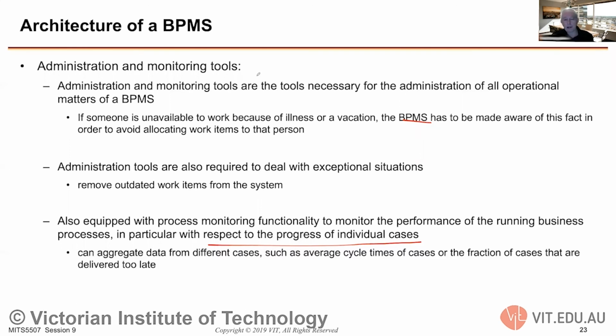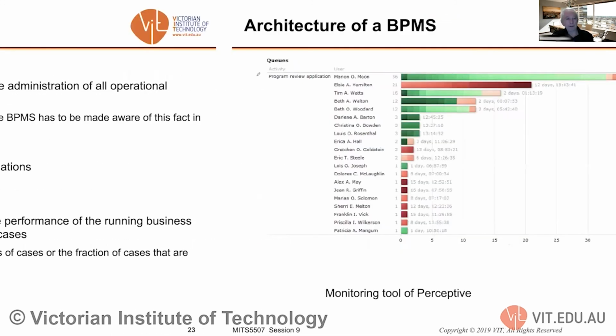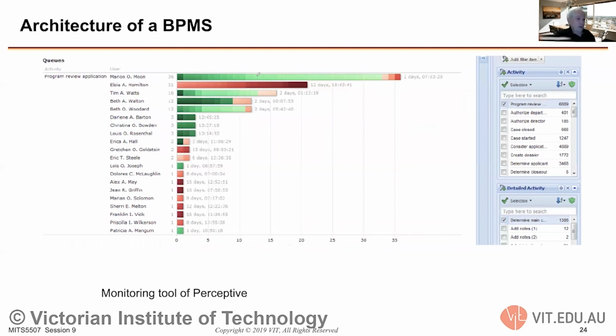You can aggregate a lot of that information from different cases, and you can look at average cycle times, and for a fraction of the cases it might be delivered too late. So here's an example. If we're talking about administration and monitoring tools, you might get some aggregate data.